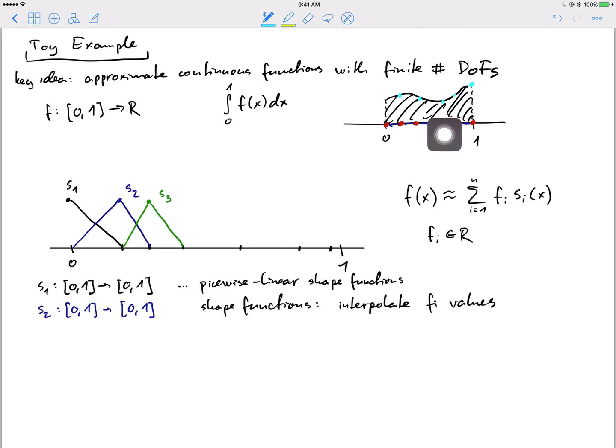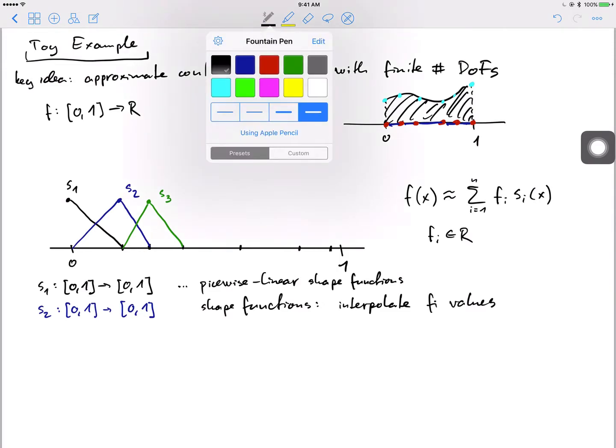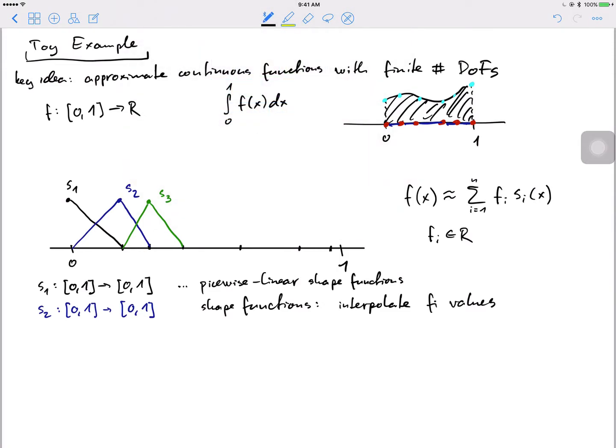You could pick an fi that's equal to the function at that point. Exactly, yeah, and that's why I draw these little cyan dots here. So I guess you could give this some coordinates, right? I could call this x0, or maybe x1. Could call this x1, this x2, this x3, this x4, and so on.